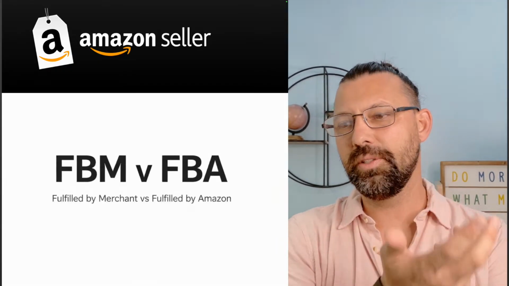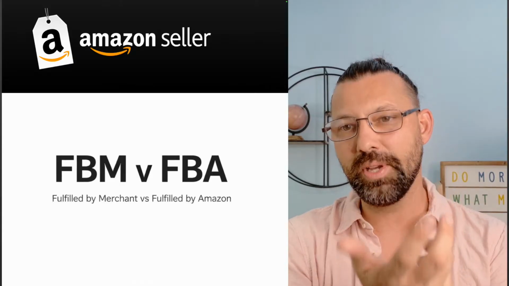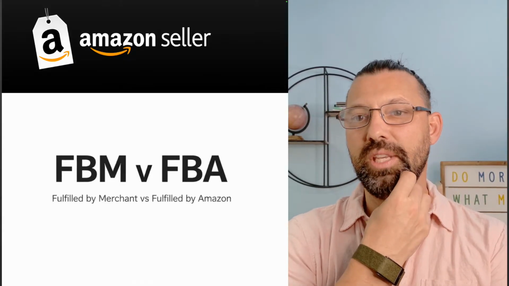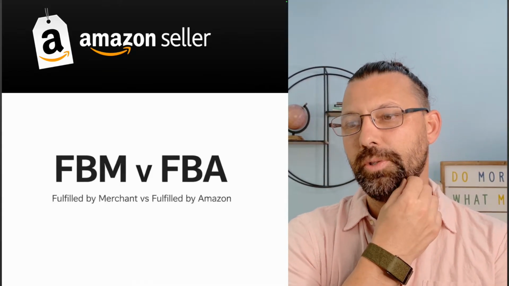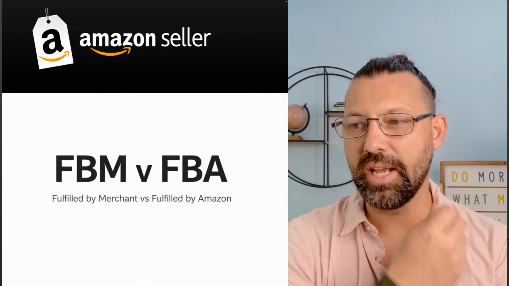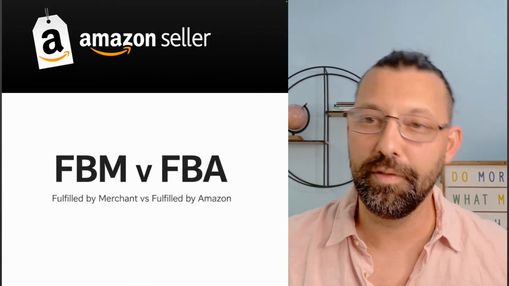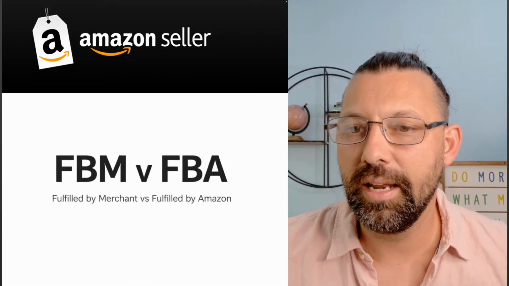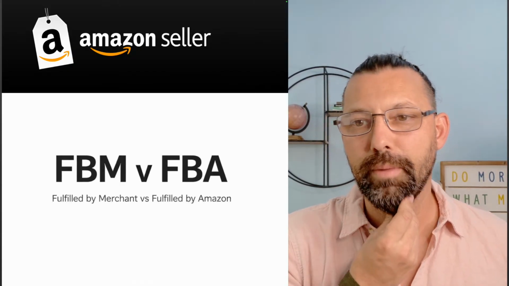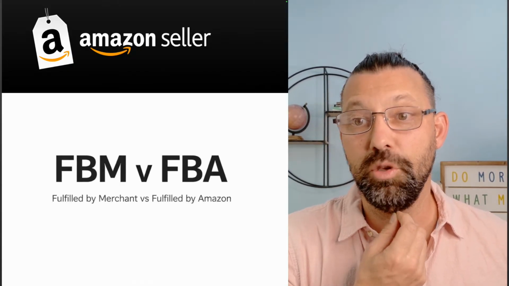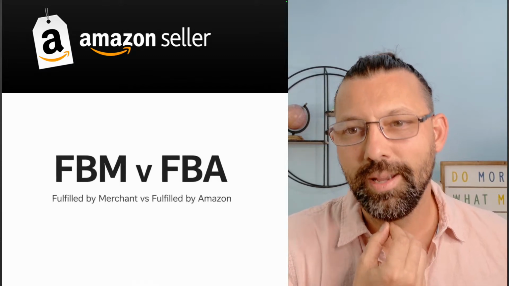I mentioned this slightly before. FBA is fulfilled by Amazon. That's the thing that you see as Amazon Prime. And then you also see on the merchant seller side of things, FBM, that stands for fulfilled by merchant, and you have the option to do both. Essentially, if you're doing fulfilled by merchant, you box it up, you mail it out.